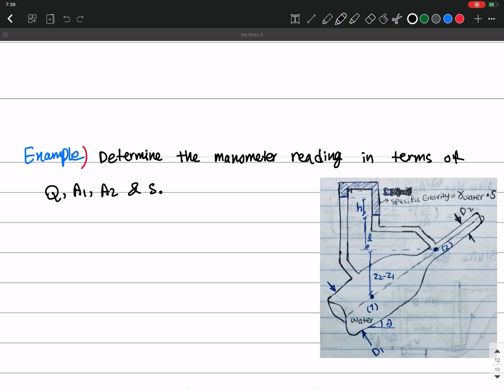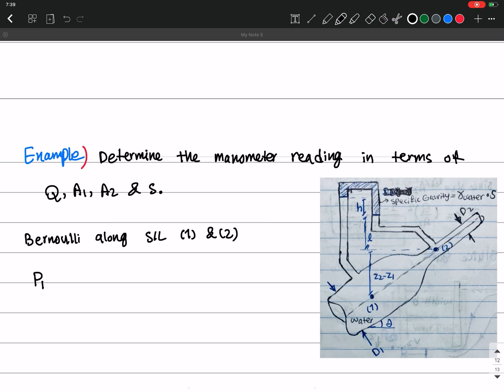Okay? So the first thing I do is write the Bernoulli equation along streamline 1 and 2. Okay, so along this line we have a streamline, right? The fluid flows between these two, so I just write the Bernoulli equation between them.